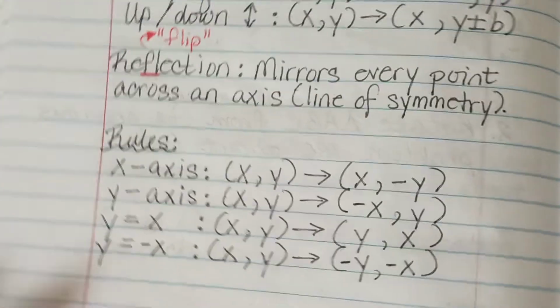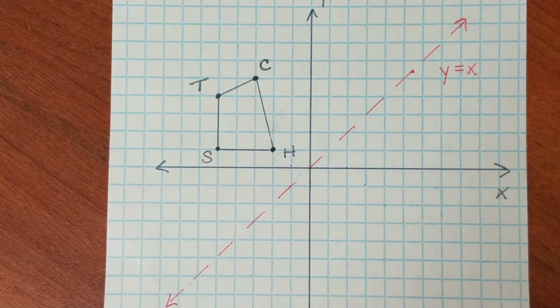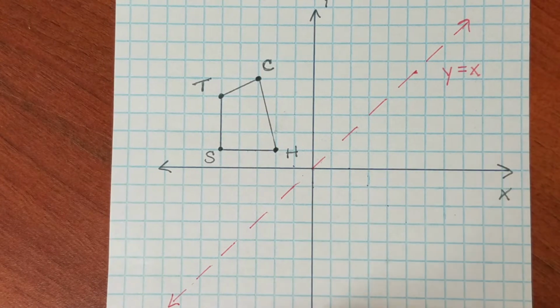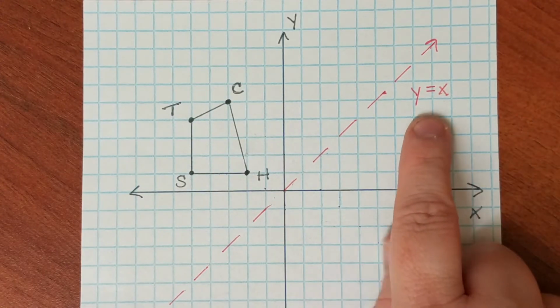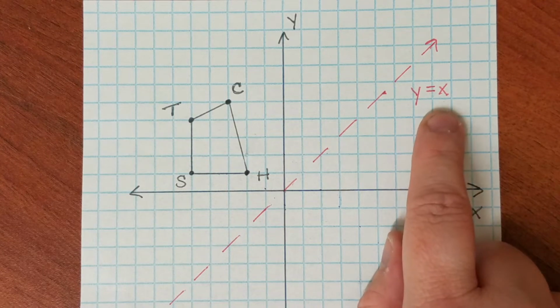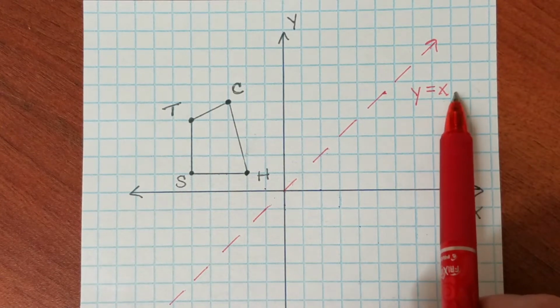So now for a quick visual on what a figure might look like if you were to reflect it over one of those lines. Here we have figure TCHS. We have a quadrilateral, and I've gone ahead and graphed the line y equals x. So this is in slope-intercept form. The coefficient of the x term is +1, and it passes through the origin because there's no constant term here.